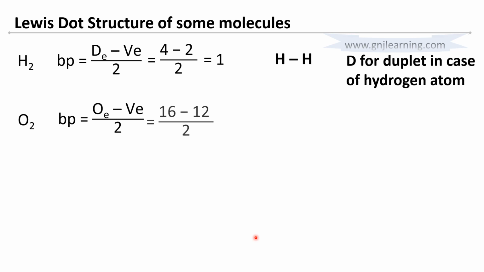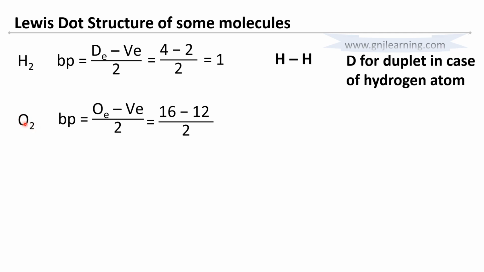So I get OE minus VE divided by 2. OE is 16 minus VE, which is 12. Each oxygen atom has 6 valence electrons. How did we get the valence electrons? From the group number, 16 minus 10.